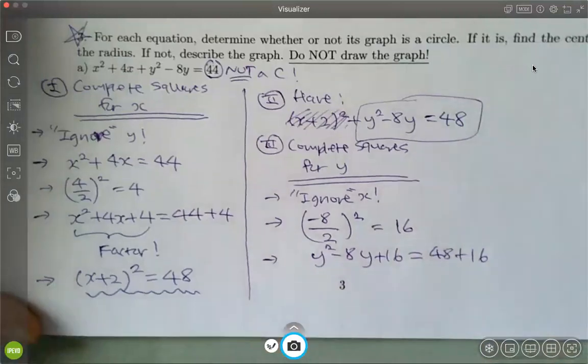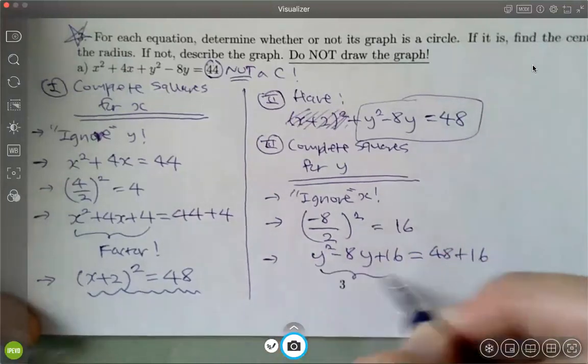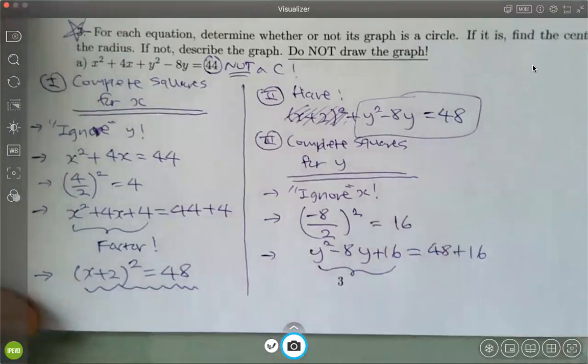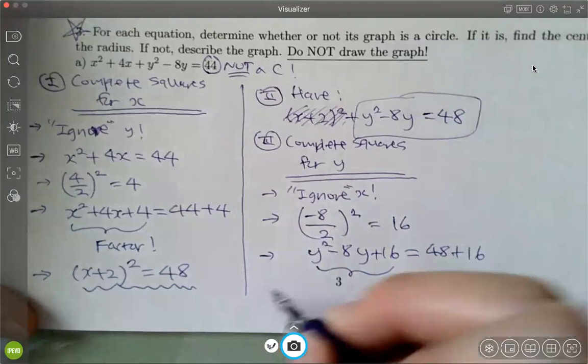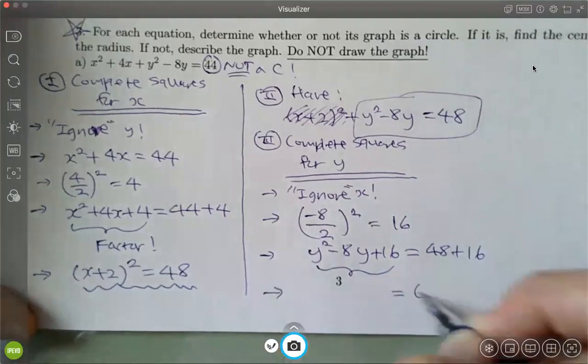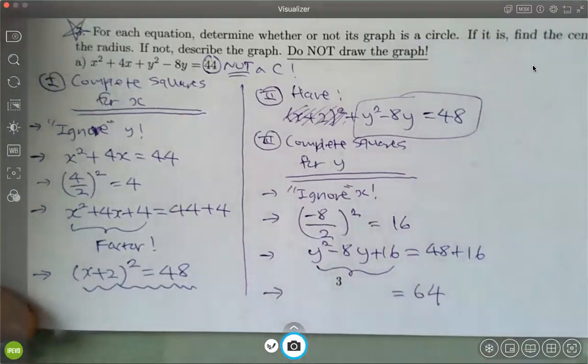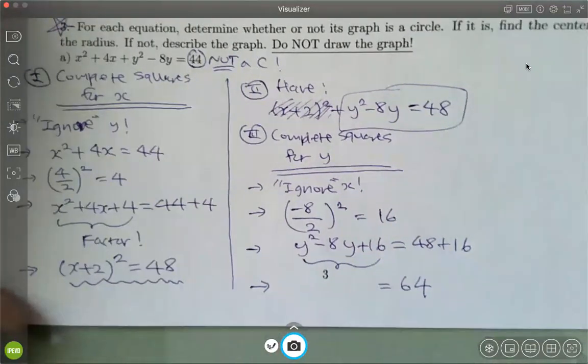And now, can you factor this left-hand side? And if so, what do you get when you factor? y minus 4 squared.